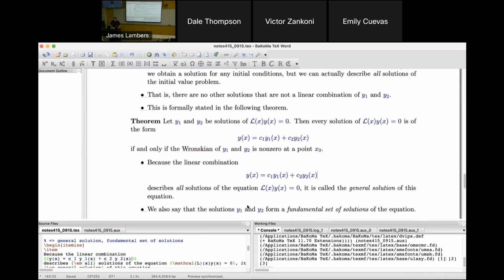We also say that y1 and y2 form what's called a fundamental set of solutions of this ODE. All it means is you just have to find two linearly independent solutions, and you've got everything.